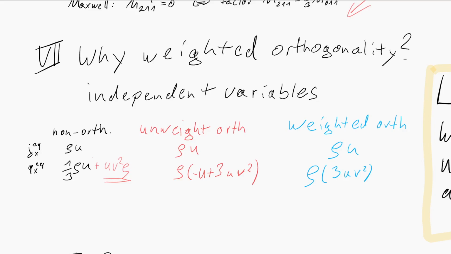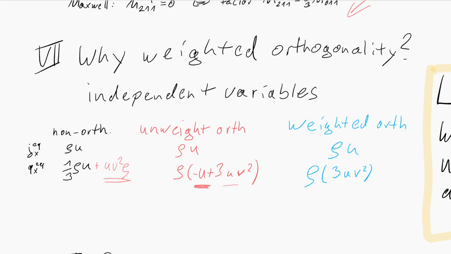So if you look at also weighted orthogonality, what we observe is that, of course, the momentum will stay the same, and now we get a scaled Qx, and this scaled Qx is now not independent of u.